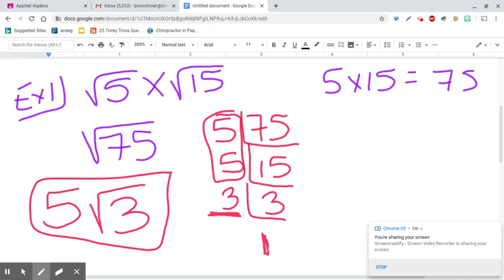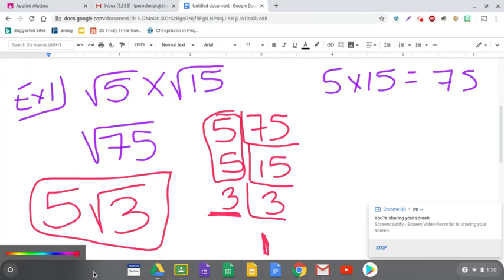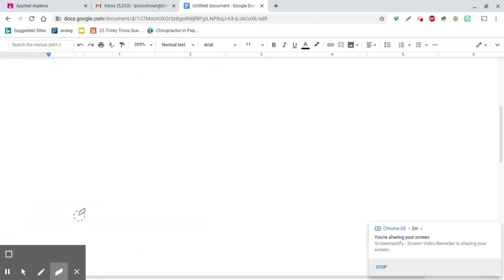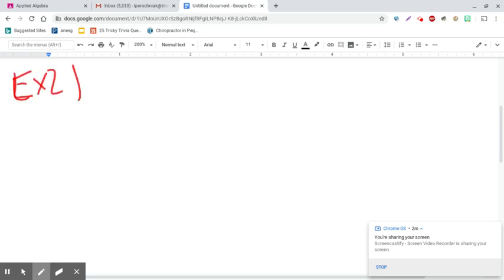So that's example 1. All we're doing is multiplying our radicals, then simplifying. So let's go to example 2.